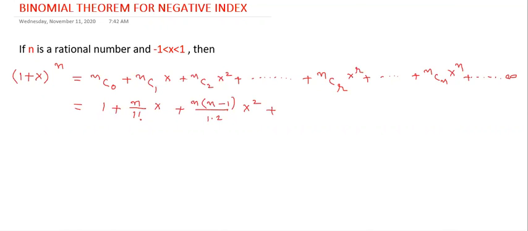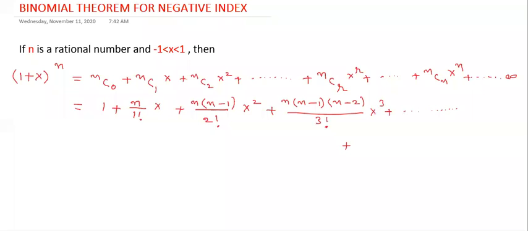So I am going to write nc3 also. nc3 means n into n minus 1 into n minus 2 divided by 1 into 2 into 3. That means we can write 2 factorial, 3 factorial into x cube plus and so on.